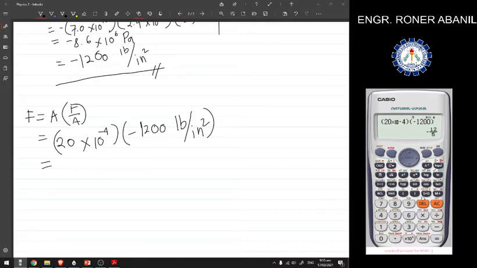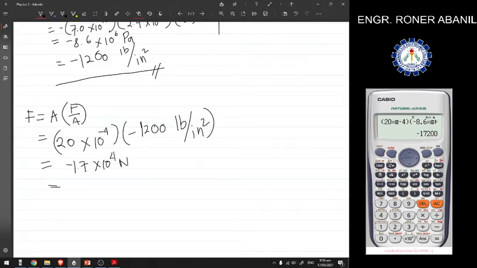Ang lalabas diyan is, hindi. Ang gagamitin pala natin dito hindi yung 1,200. Gamitin natin dito is yung 8.6 times 10 raised to 6. Okay? So, negative 1.7 times 10 raised to 4 Newton.